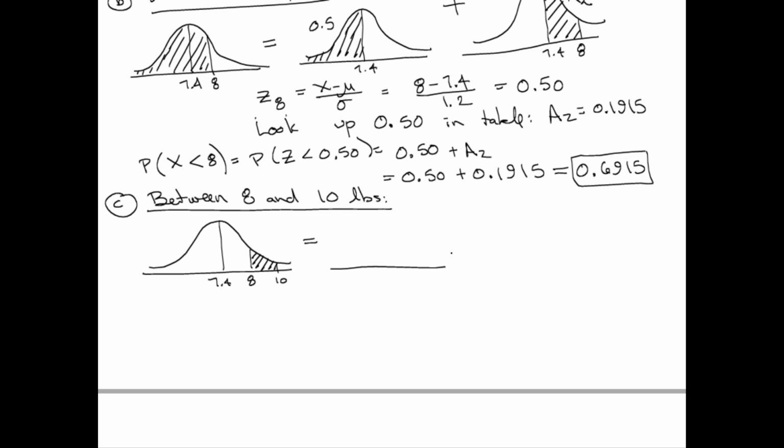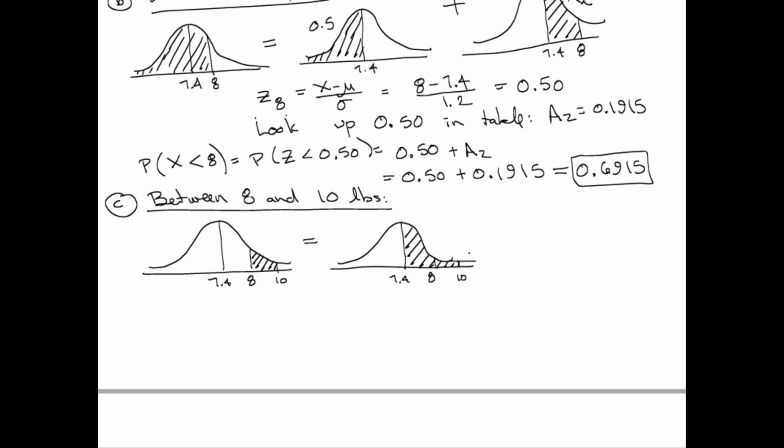The sorts of things that we can look up on our table go from the mean to a number, and that's all. So what I can do is I can go from the mean of 7.4 all the way out to 10.